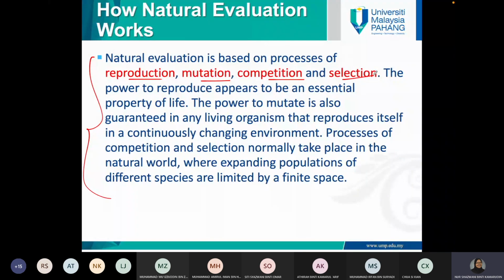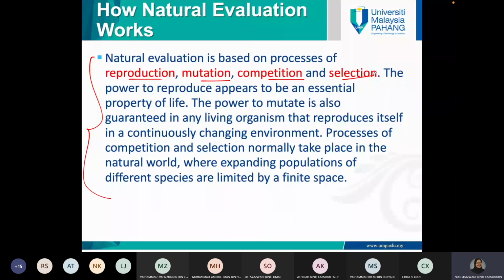Mutation. Okay, mutation. You can see several insects are mutated already. When you use insect repellent cream, sometimes it wouldn't work. Like say we put insect repellent lotion before we go camping, but you still got bitten by some mosquitoes or some other insects while you were camping, because they might have mutated, they might have become immune to that specific insect repellent lotion already.